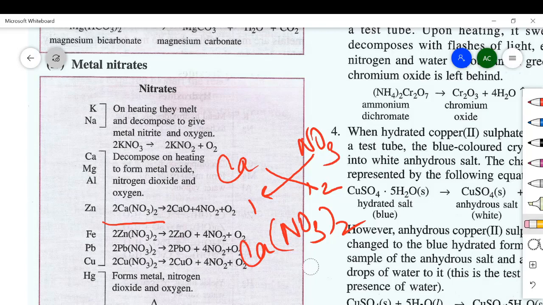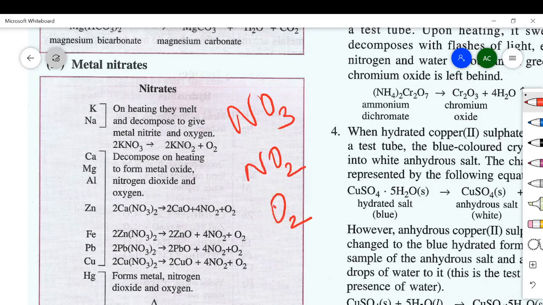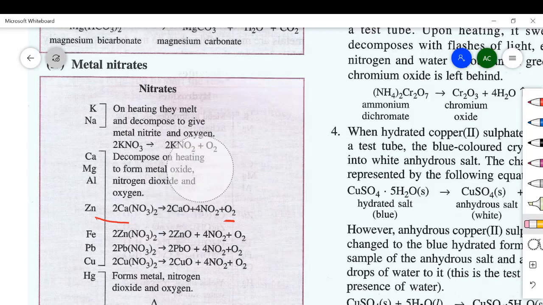When nitrates are heated, what will they give? See, nitrate means which gas? NO2 gas will be evolved with oxygen. So these two gases will be evolved. So calcium nitrate when heated will give you metal oxide, that is calcium oxide, nitrogen dioxide gas, and oxygen gas. But the top two, sodium and potassium, are always different.